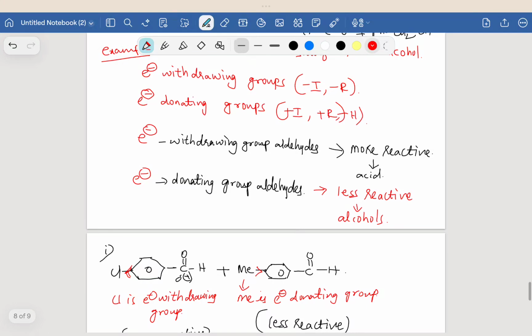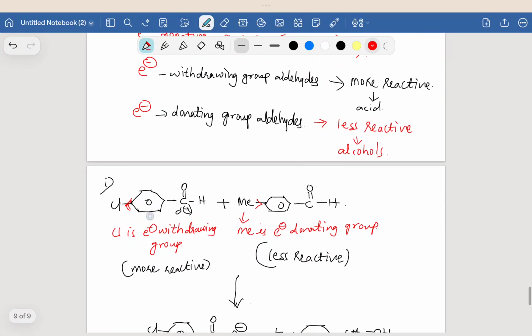Aldehydes with electron withdrawing groups will be more reactive, and they will form acids. Aldehydes with electron donating groups are less reactive, so those will form alcohols. And if you see this one, the aldehyde attached with Cl, and the aldehyde which is having methyl, which one will be the electron withdrawing group? Cl. You know already Cl is an electronegative atom, so it will pull the electrons towards itself. So that is called more reactive.